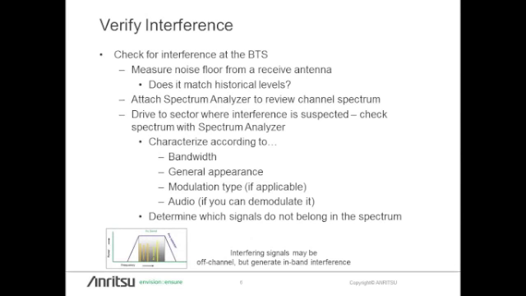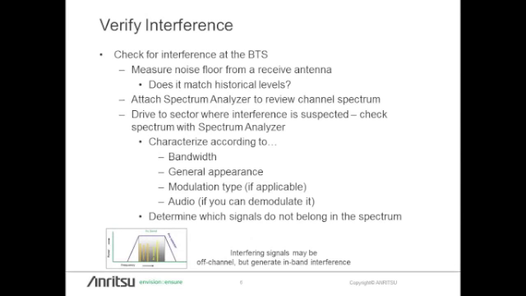So you're basically seeing everything that the receive system sees. And then you can identify, is there something out there that shouldn't be there? And how do you know it shouldn't be there? Well, there's various tables, databases that the FCC provides as an example, or it could be obvious that something is there that should not be present.